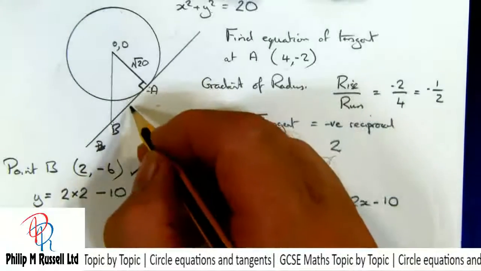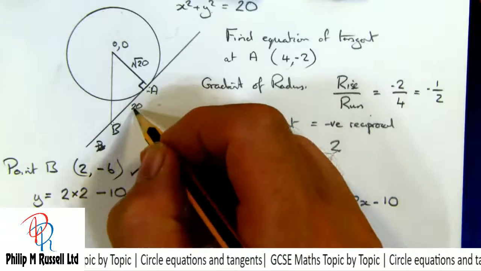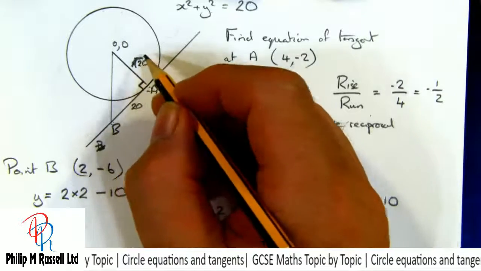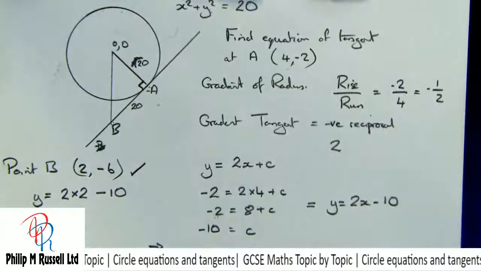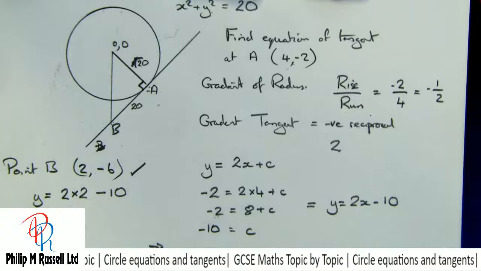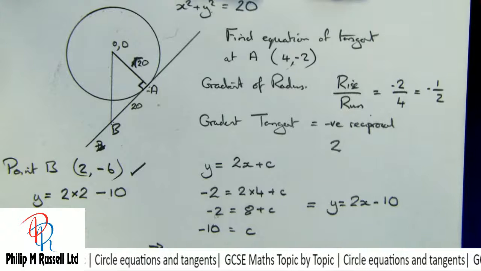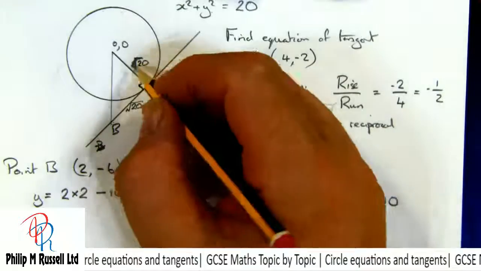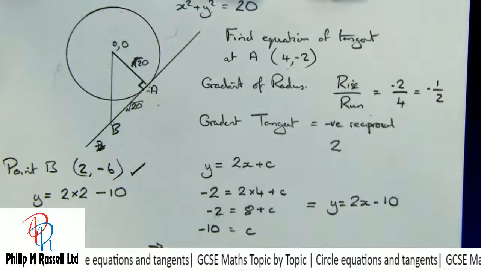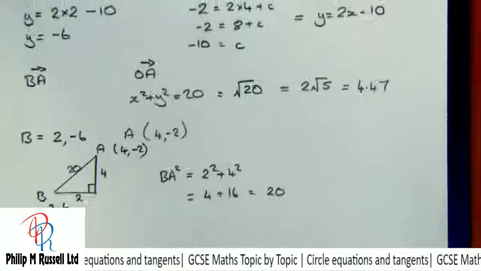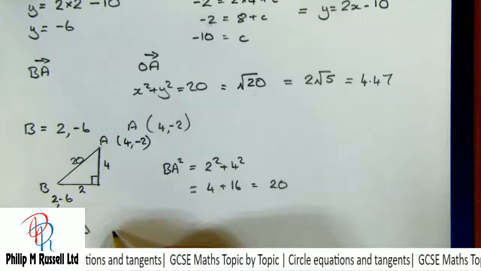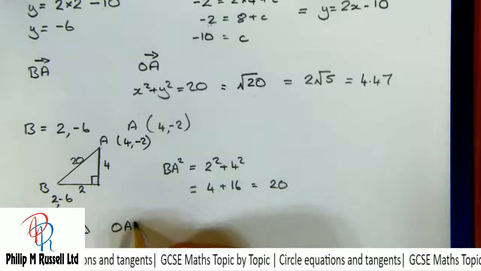Looking back up at this triangle then, I know that value is 20, and I know that that value, when squared, is 20, because I haven't square rooted either. So I can work out the area of my triangle, which was OAB.